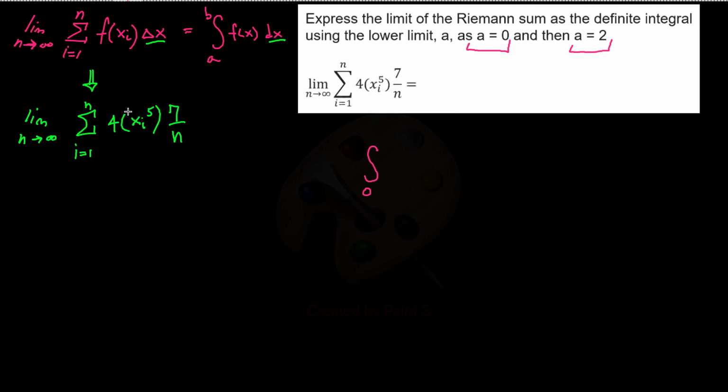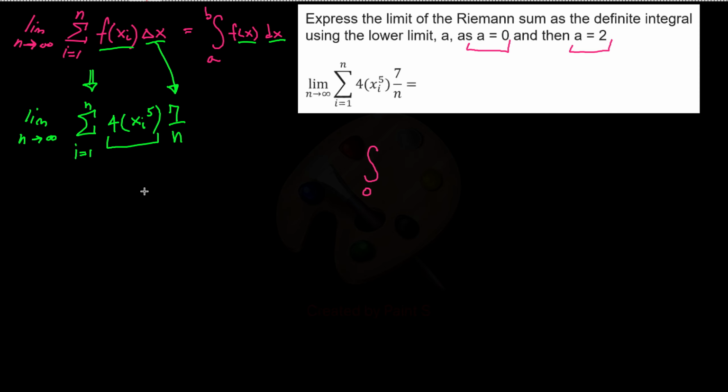Here, my function f of x might be 4x to the 5th, and delta x is the 7 over n. It's a giveaway if it's over n that it's likely to be the delta x part. So f of x is 4x to the 5th.